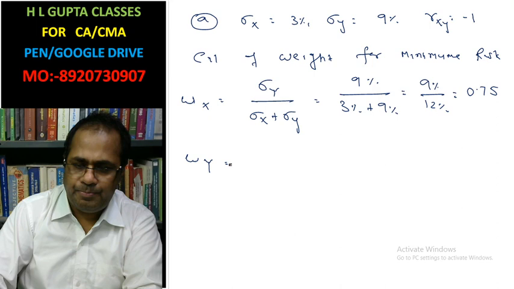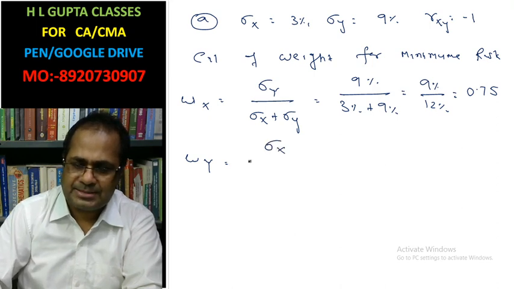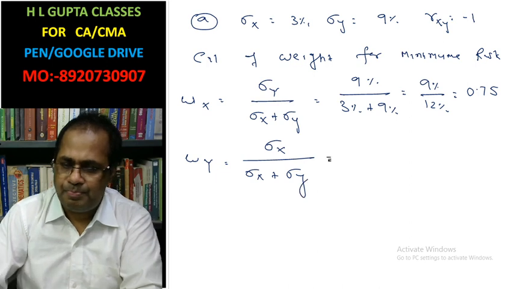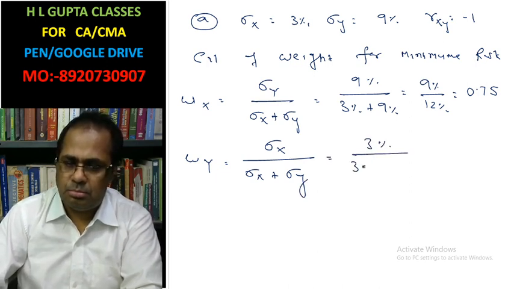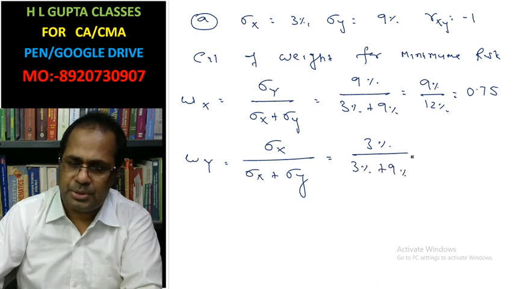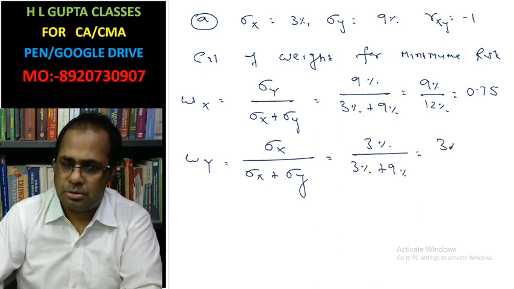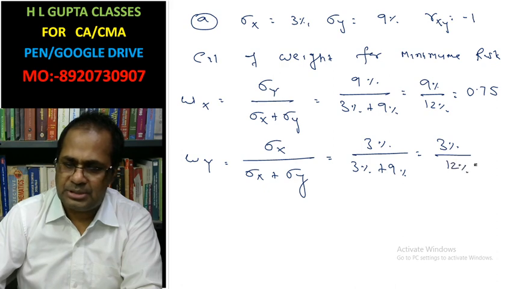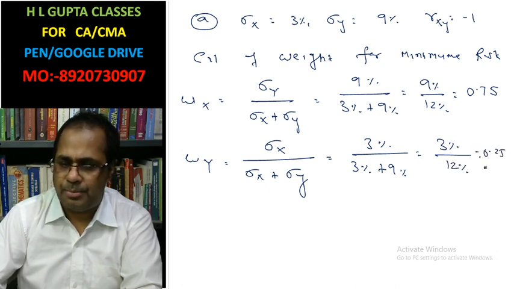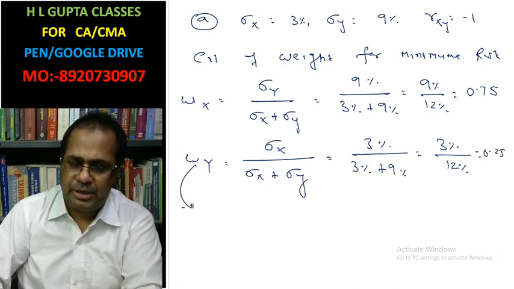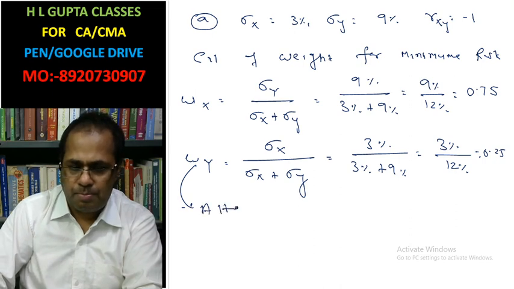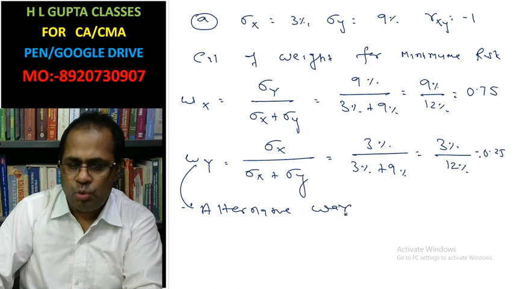Weight Y equals the standard deviation of X divided by the standard deviation of X plus the standard deviation of Y, which is 3% divided by 3% plus 9%, 3% divided by 12%. This is 0.25.